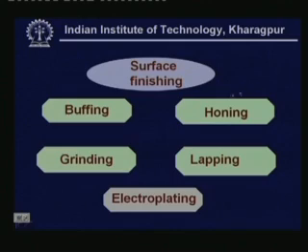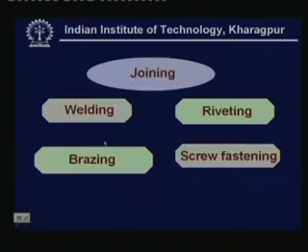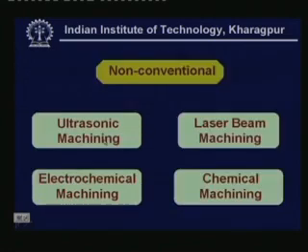Now, these are the surface finishing processes, you will be learning more about these things. I am just giving you a brief idea of the processes that are involved. And joining are the processes where you use welding, riveting, brazing, screw joint, screw fastening is also a joining procedure. And lastly, I go for non-conventional procedures which you can see are given over here as ultrasonic machining, laser beam machining, electrochemical machining and chemical machining.